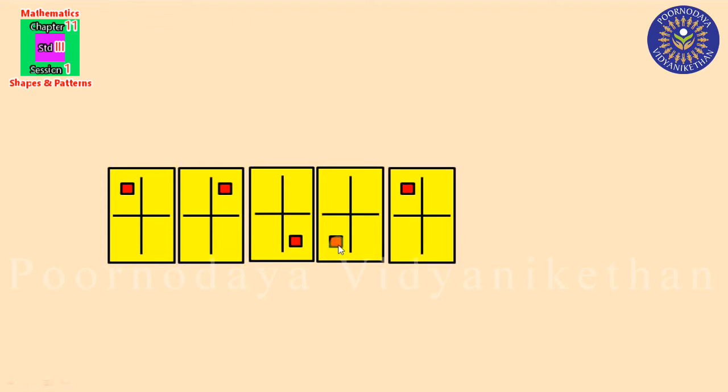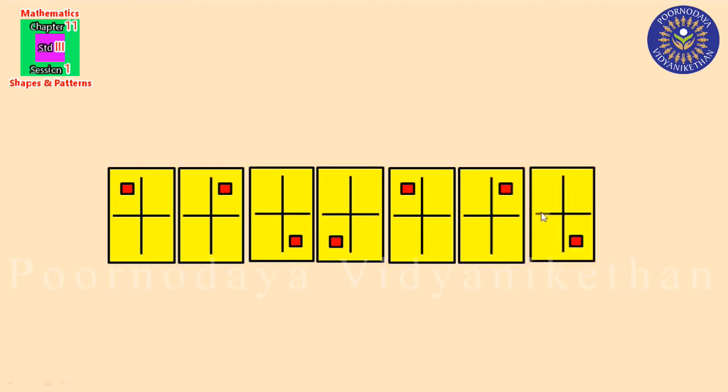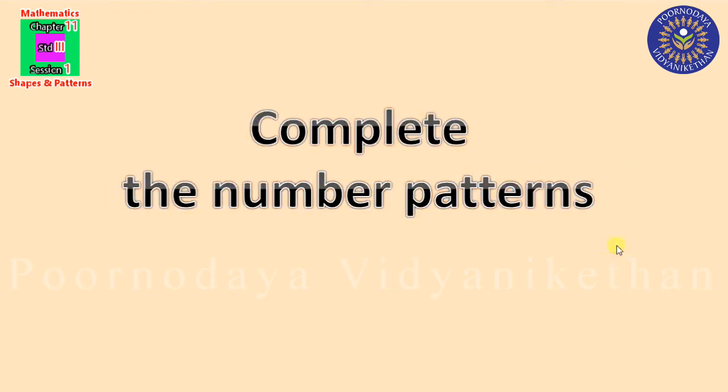In the next figure, plus sign and a rectangle on its right top. Next, plus sign and the rectangle on its left top. Next figure, plus sign and the rectangle on its left down. Next, the plus sign and the rectangle on its right down. Now it forms a pattern. Did you understand?